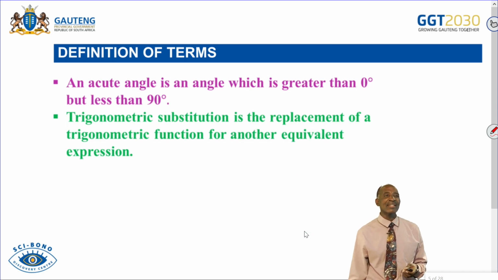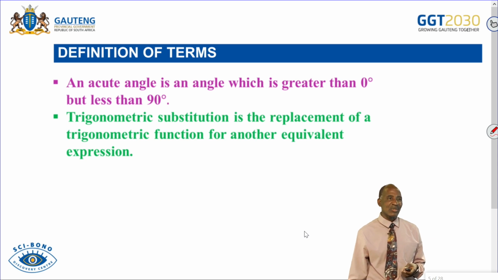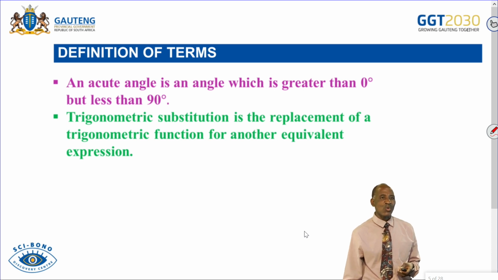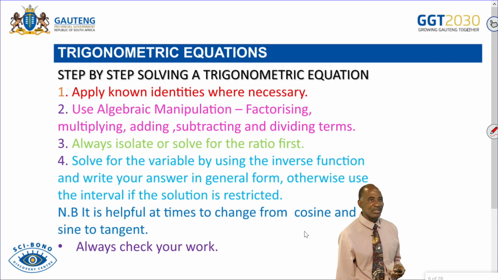An acute angle, as we have defined before, is an angle which is greater than 0 degrees but less than 90 degrees. In as far as the Cartesian plane and your quadrants are concerned, this angle is always found in the first quadrant. Then trigonometric substitution is the replacement of a trig function with another equivalent expression.